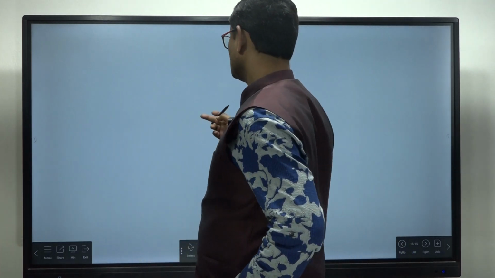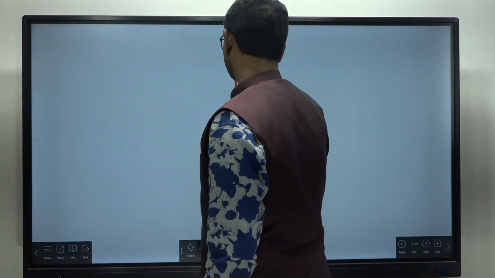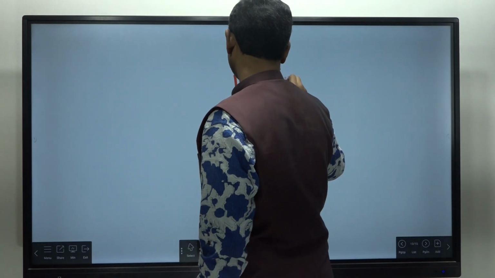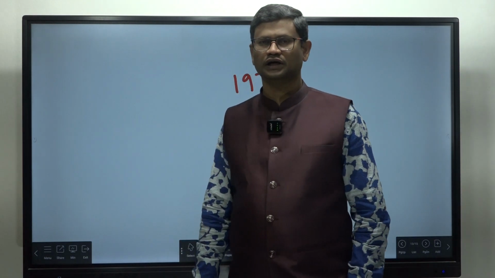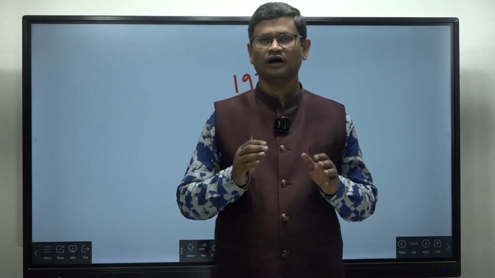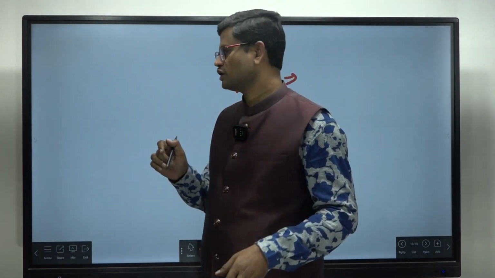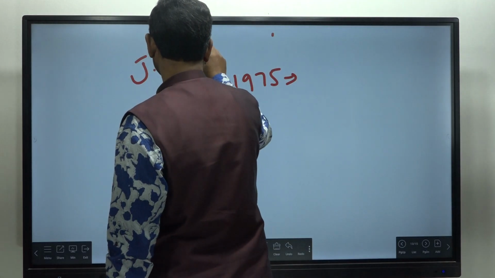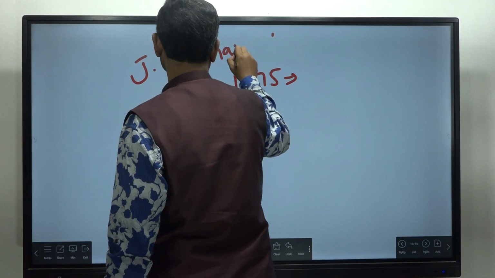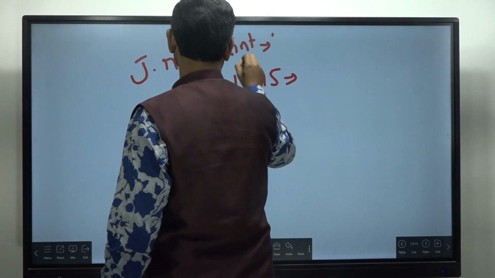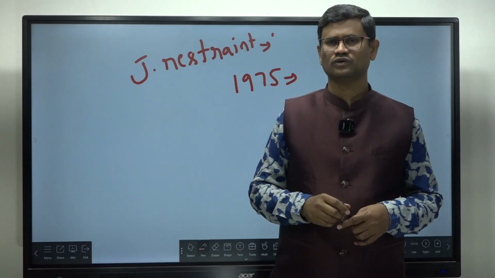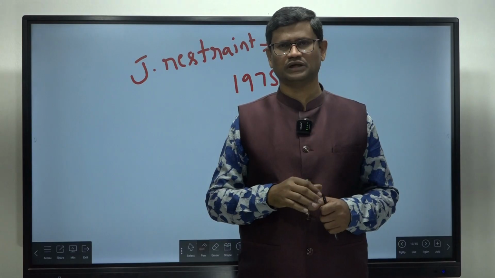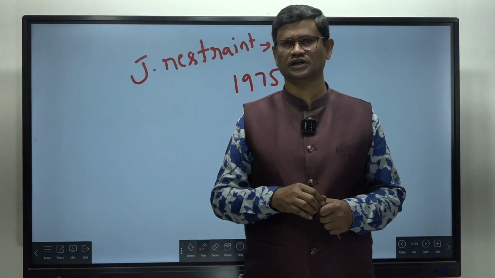But if you remember, in the pre-emergency period before 1975, the courts in India were following a philosophy called judicial restraint. In other words, the interpretations given by the higher courts were narrow to the fundamental rights and other rights under the Indian Constitution.